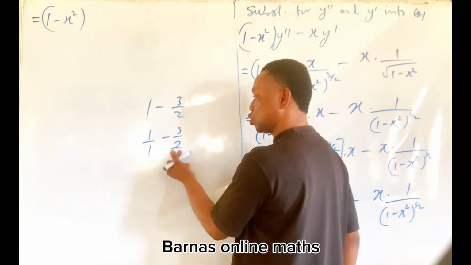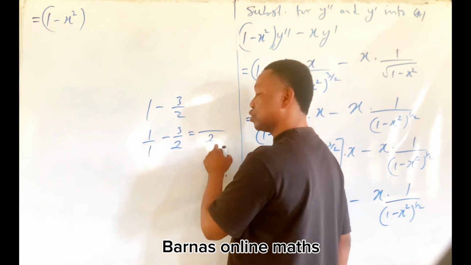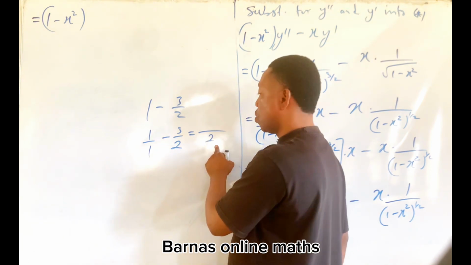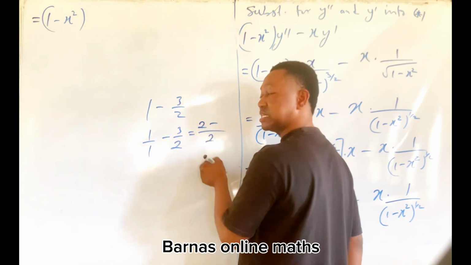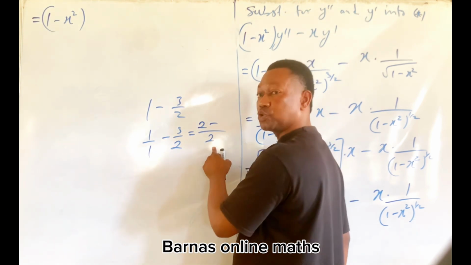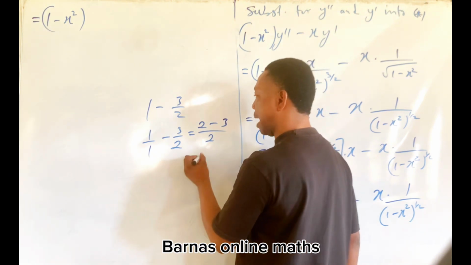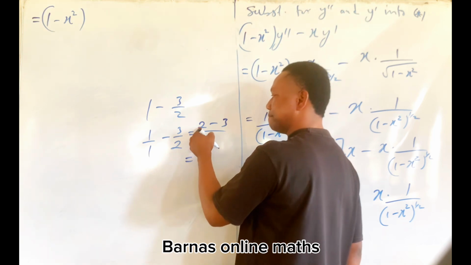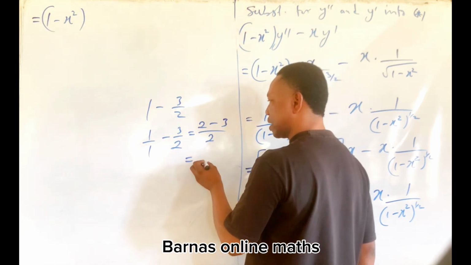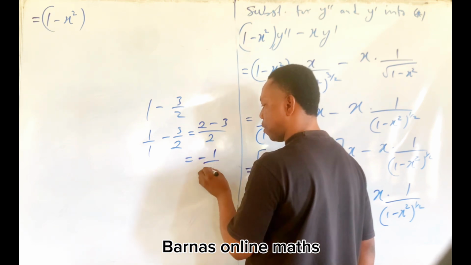LCM of 1 and 2 will give us 2. 1 into 2 will give us 2. 2 times 1 is 2. This minus is this. 2 into 2 is 1. 1 times 3 is 3. Therefore, that becomes 2 minus 3, which will give us minus 1 all upon 2.